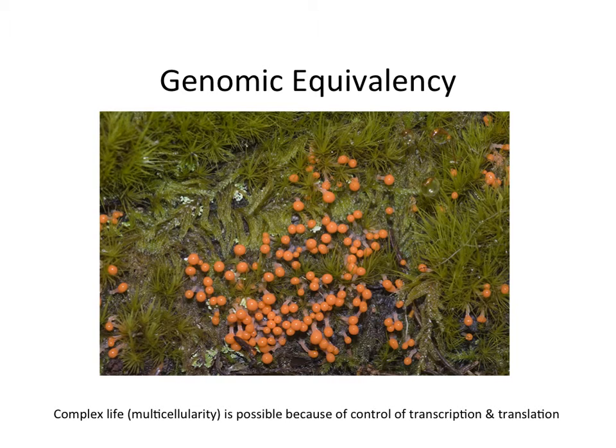So why is transcription and translation so important? What does transcription and translation do for us? It controls what genes are turned on. Every one of our cells, like in these slime molds that my father took a lovely picture of, right?